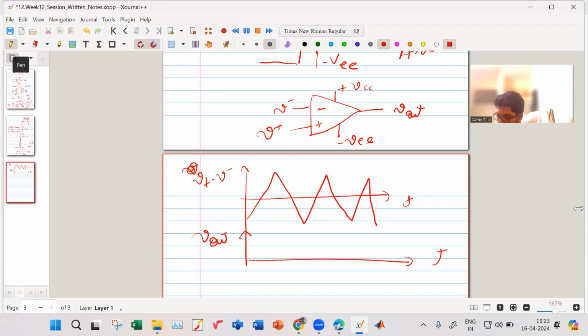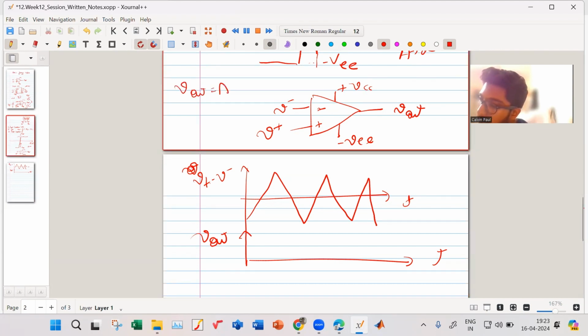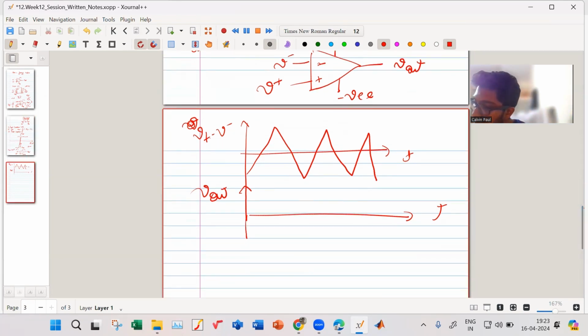Not sure. Okay. So, you know your V output is A into V plus minus V minus, right? Yes, sir. So you will assume that if that relation is true, and it is true, this will be the same.